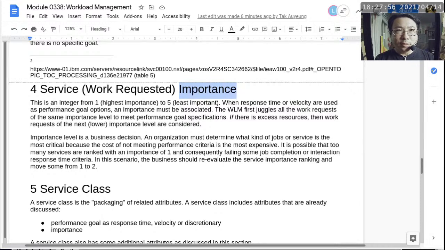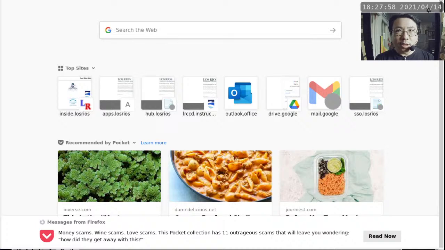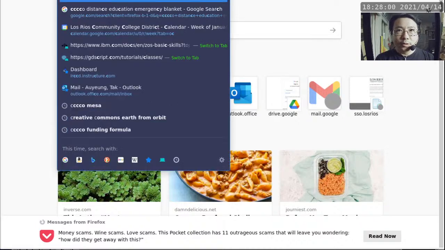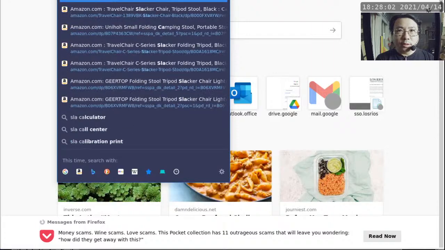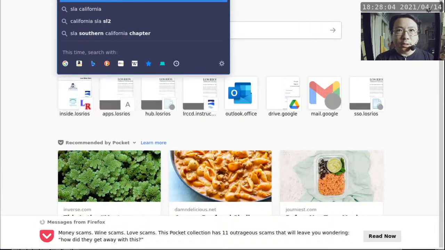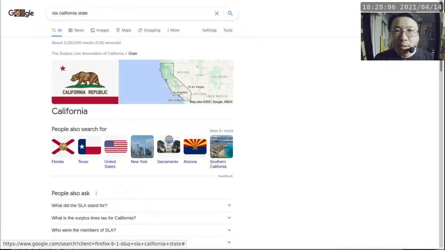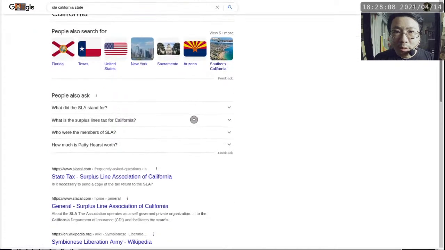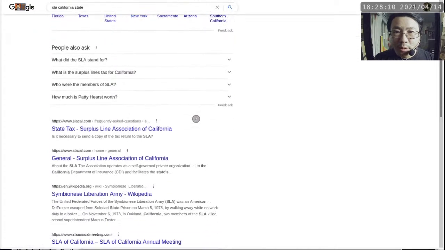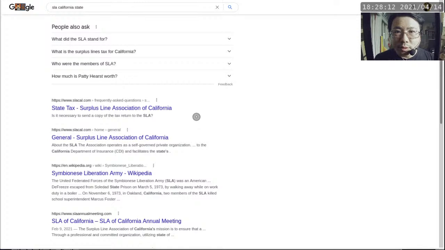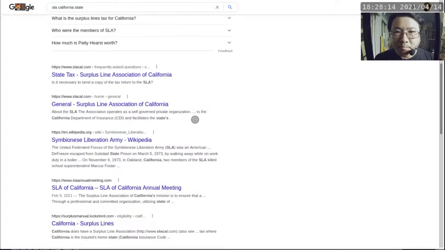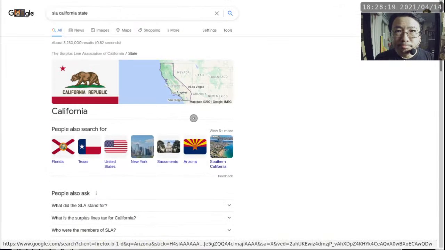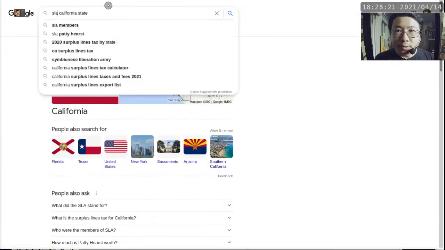I can try to look it up, just kind of real quick. So we can look up SLA California State. Okay, surface level agreement, right? I think it's service. Just service.